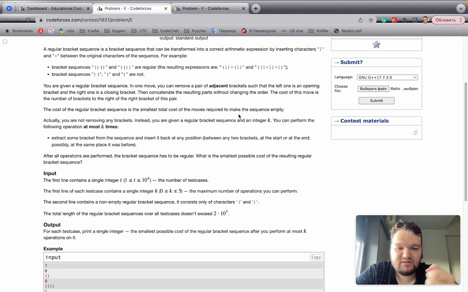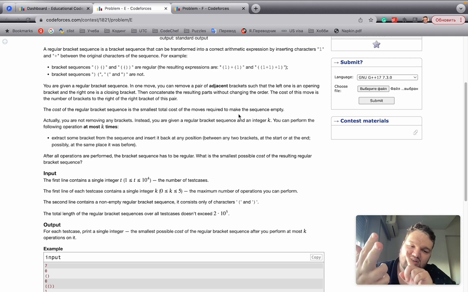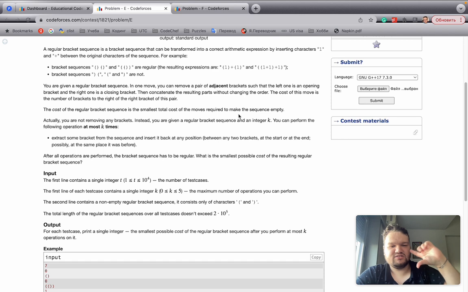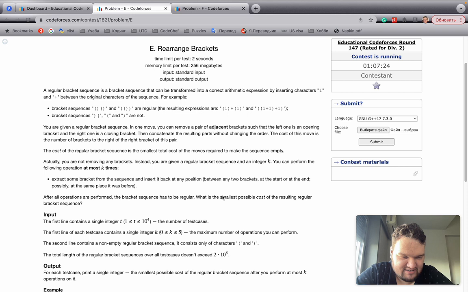So it's n times k cubed, right? In the state we have the length of the prefix, number of removals, number of additions, and the change in balance, which is from minus k to plus k. Well, I think it should be fast enough.